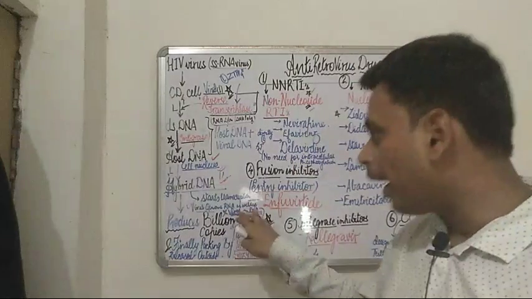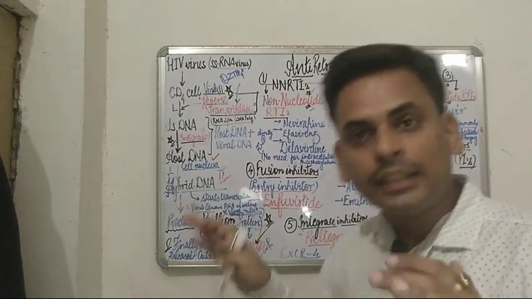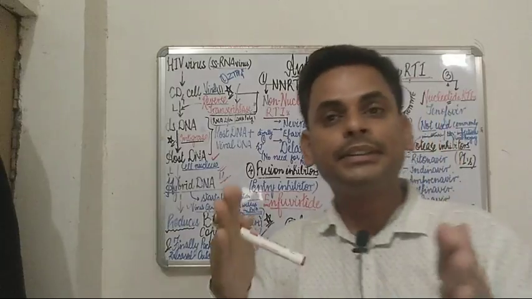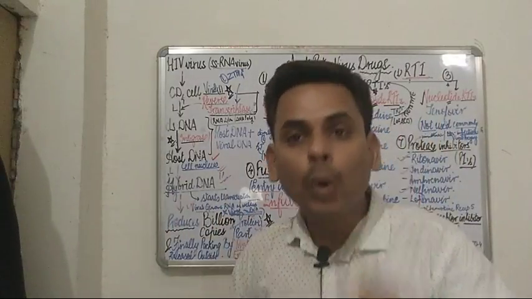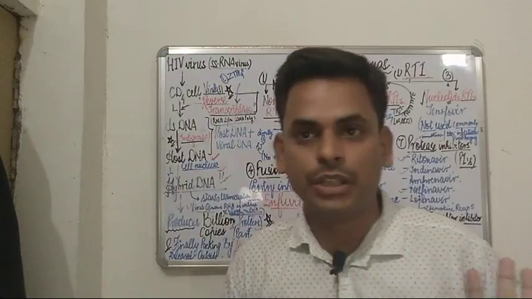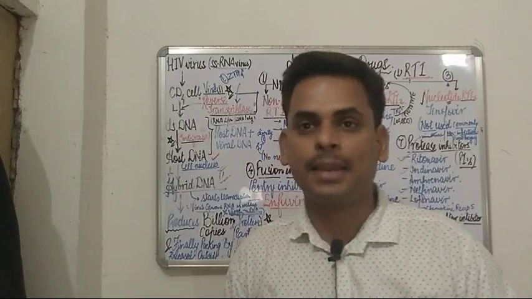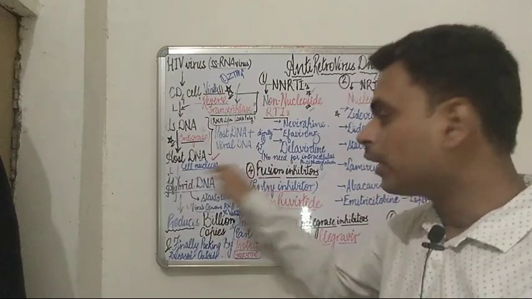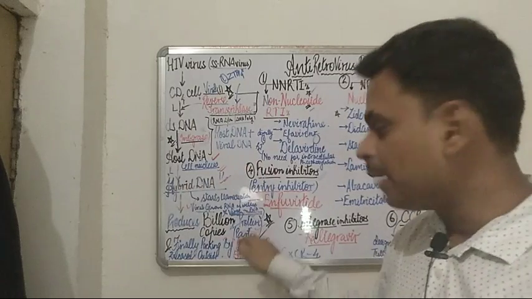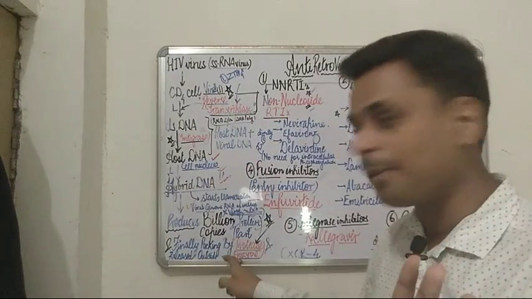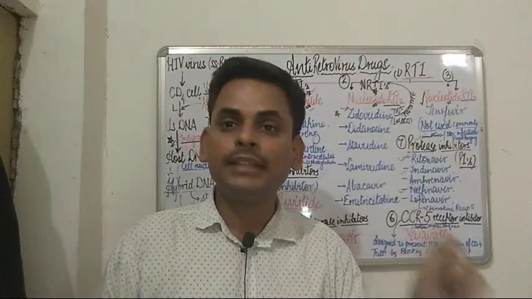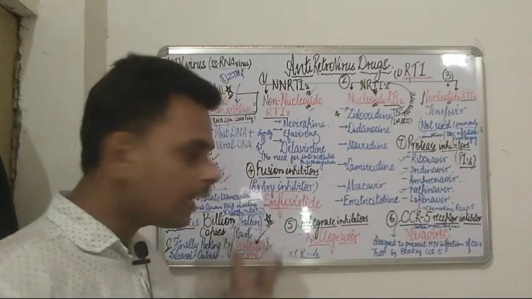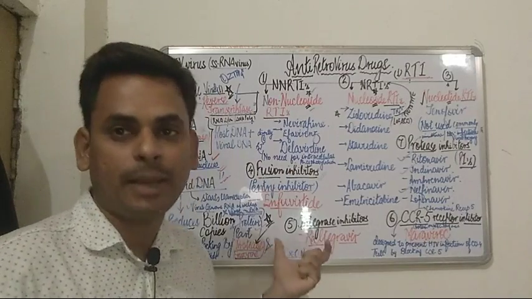Now, this viral mRNA is going to produce the structural and the regulatory proteins, the core proteins for the viral genome, and the necessary enzymes. The enzyme responsible for this step is the protease enzyme, and this protease enzyme plays a chief role in the last stage of HIV replication.